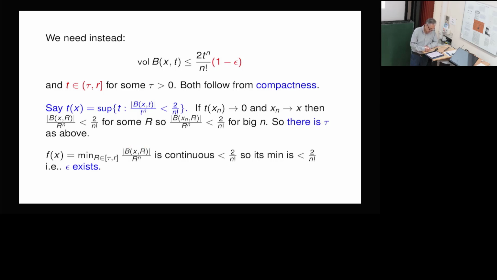And so its minimum is strictly smaller than 2 over n factorial, right? Because we are again in a compact set, we have a continuous function in a compact set that is less than something. Well, the minimum is going to be less than something. So this epsilon here it is. Okay, so then I can do what I promised. So my proof works. The last part again is by compactness.